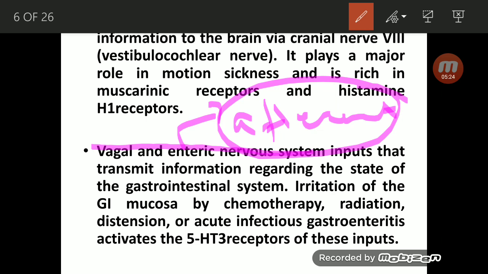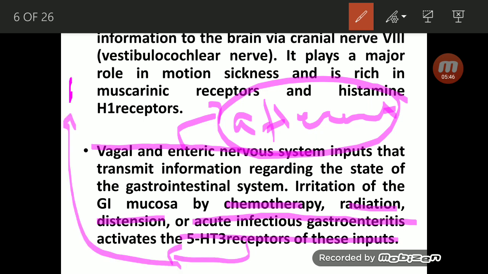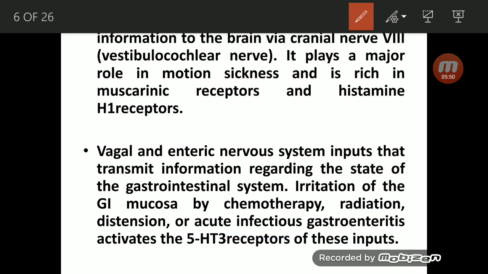If there is any irritation in your gastrointestinal mucosa by any cause such as chemotherapy, radiation, distension, or even acute infection such as gastroenteritis, it will activate your 5-HT receptor, and this 5-HT receptor will carry the irritating impulse to your vomiting center, and then it induces the process of vomiting.